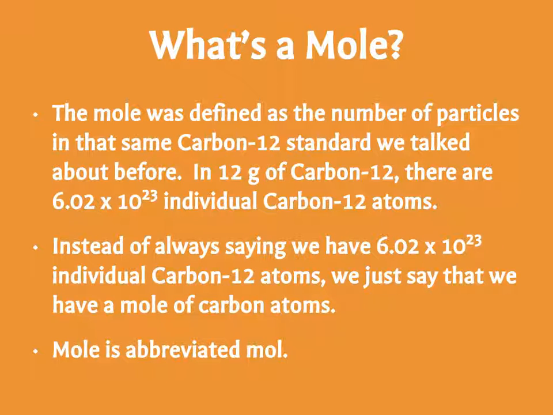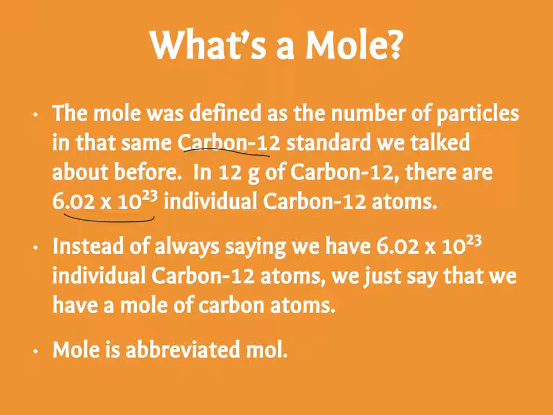So what matters to us about the history of the mole is that it came from one of the isotopes of carbon, most specifically carbon-12. It just so happens that in 12 grams of carbon-12, there were exactly 6.02 times 10 to the 23rd individual carbon-12 atoms.